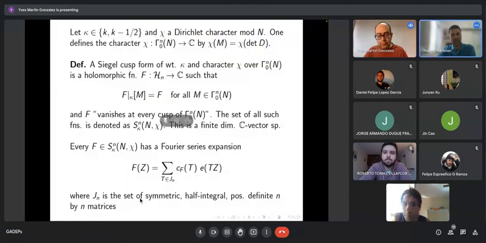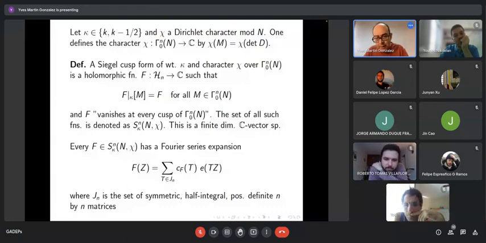Perfect. Okay, you will see that I want to do something about Siegel modular forms of integral weight, but I need to use the other ones, so that's why I have to introduce them too. Okay, so the important thing about Siegel cusp forms is that they have this Fourier expansion.